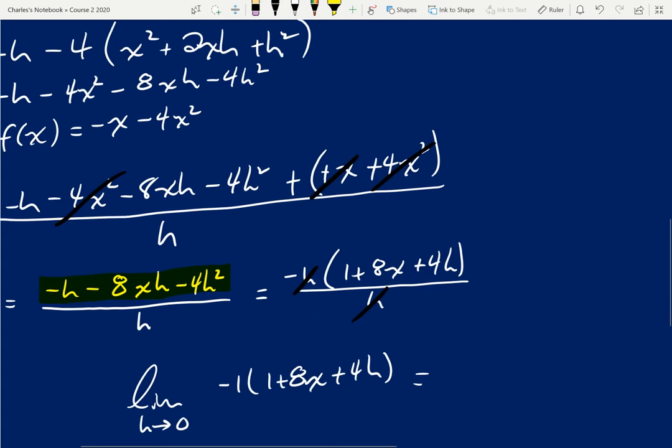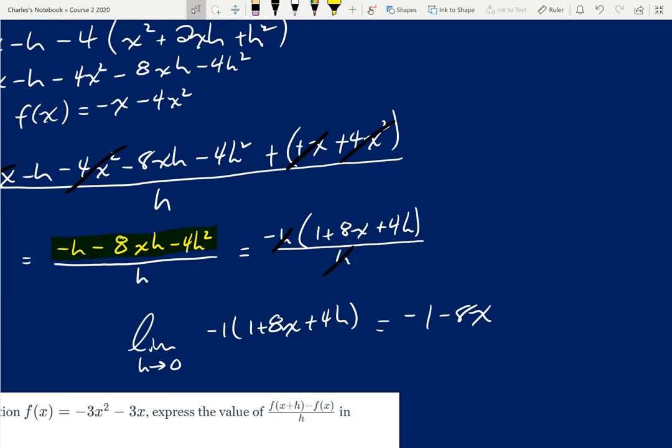So I'm going to get negative 1 minus 8x. Okay, so this part right here is not asked. You're not asked to do this. So if you're confused by it, don't worry about it. It's just that's the next thing that we're going to be doing after we come back from our hiatus, talking about what's the limit of that and why is that the instantaneous rate of change.